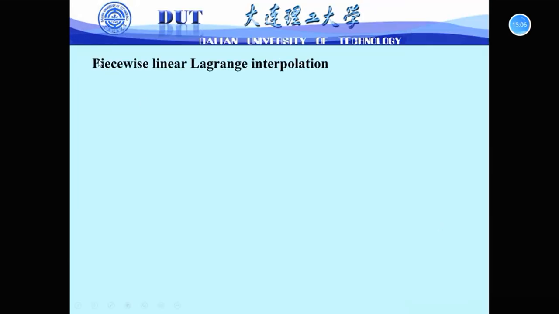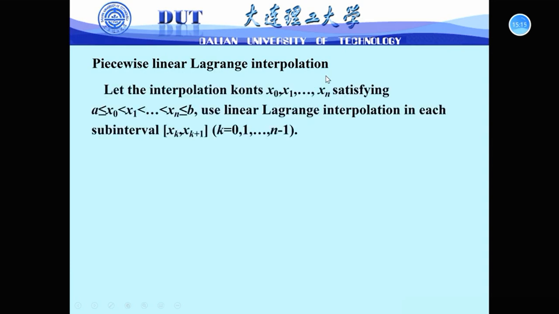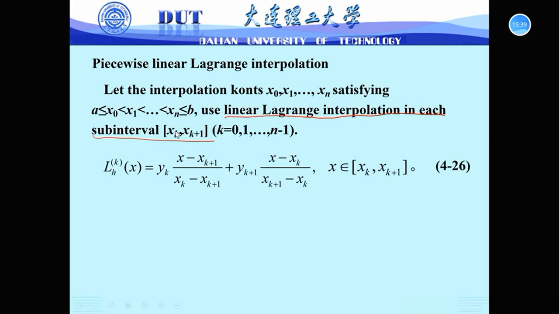Now we consider piecewise linear Lagrange interpolation, that means a polygon line. Here we consider the interpolation nodes x0, x1 to xn, inside the interval from a to b, right? And now we use linear Lagrange interpolation in each subinterval [xk, xk+1]. For xk the function value is yk, and for xk+1 the function value is yk+1.